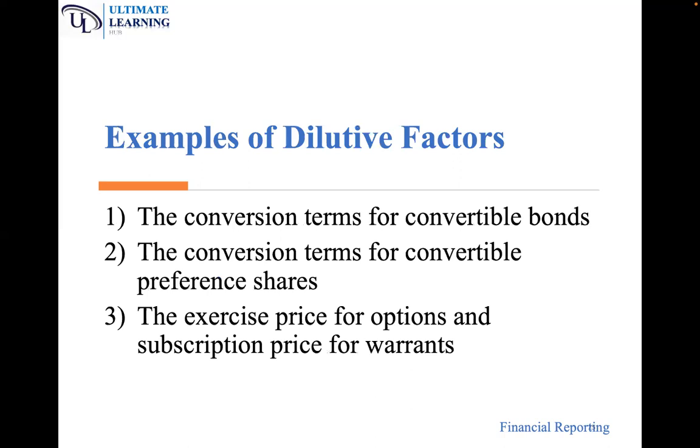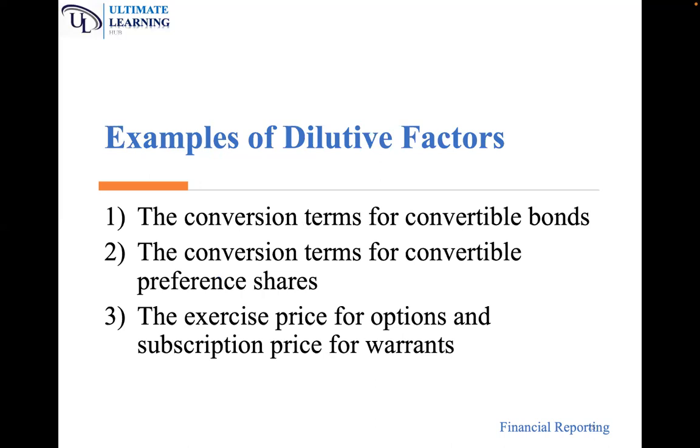Now, what are some of the factors that can cause dilution? There are three major factors that can result into dilution. Number one, the conversion terms of convertible bonds. So if we have convertible bonds, which we agreed in the previous session that convertible bonds are potential ordinary shares, if we convert these bonds into ordinary shares, it results into dilution.